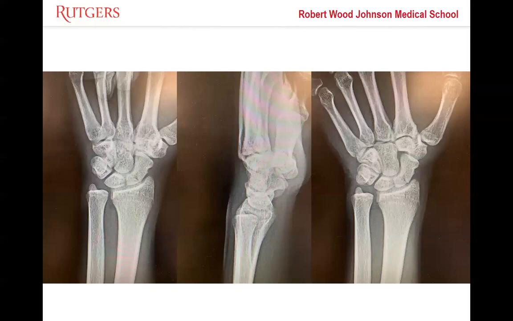Given what you know about needing some sort of wrist motion, the additional casting probably wouldn't work logistically. But we're not even sure that immobilization is going to make a difference. We don't have any good studies that show additional immobilization is going to make this heal any better.